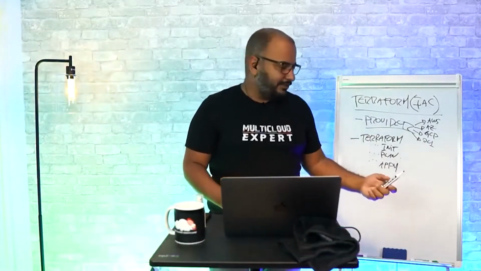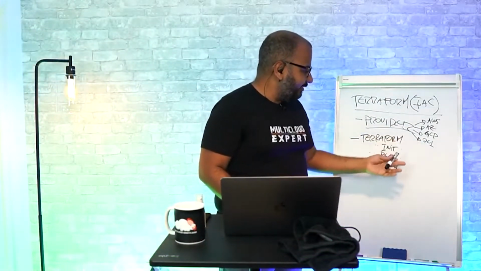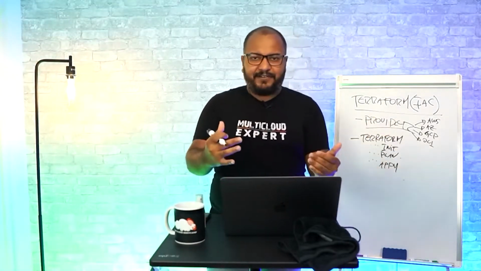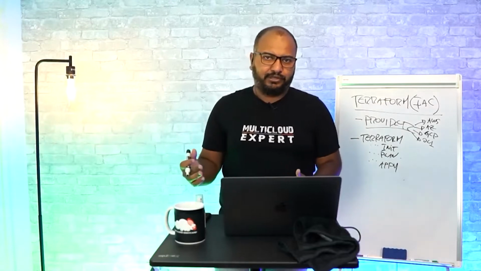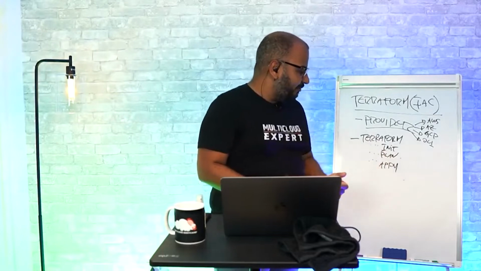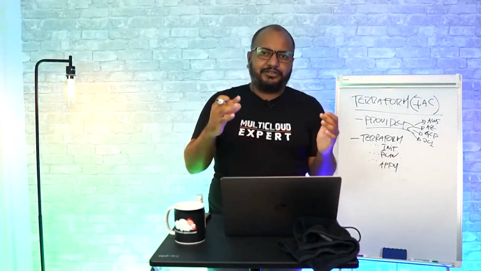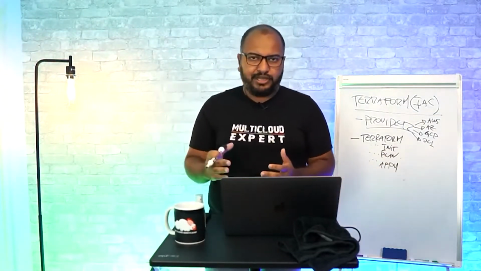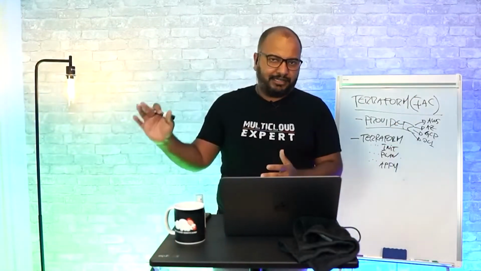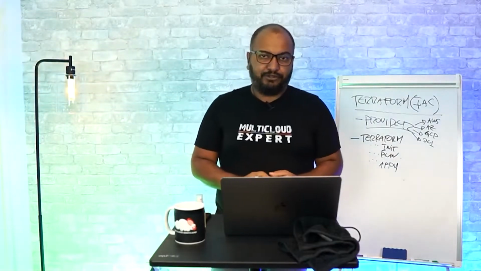The Terraform Plan, as I already mentioned, is going to show you all the things that the Terraform code will do even before creating the infrastructure, okay? And the third one is the Terraform Apply, which looks at your code and actually creates the infrastructure in the cloud provider that you want Terraform to create, right?